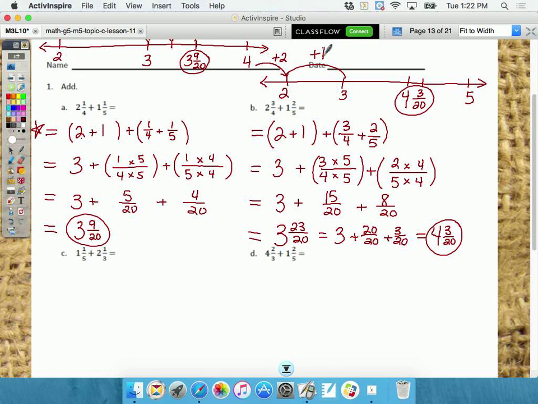It's past half, isn't it? Because 2/4 would be half. So, that right there. Plus 3/4. And then how do I figure out 2/5? Go to the answer. Very good.